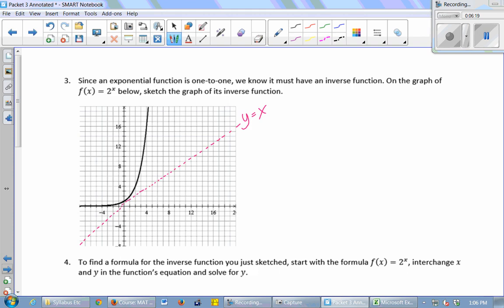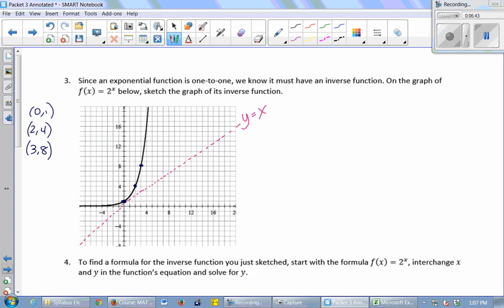So let's see, are there some easy places, like right here, that looks like it goes through the point 0, 1. I'll list them over here. And then that point right there looks like 2, 4. And then there's a point on a grid right there, 3, 8.